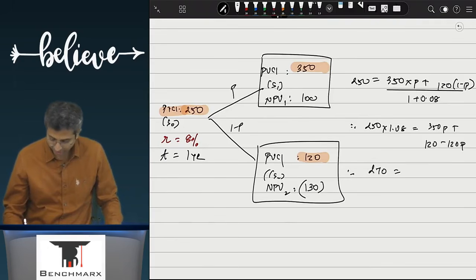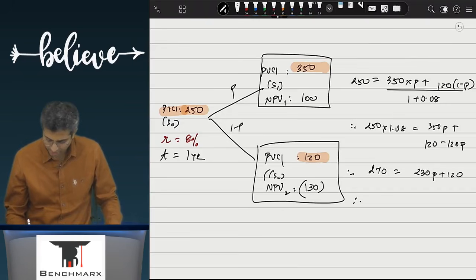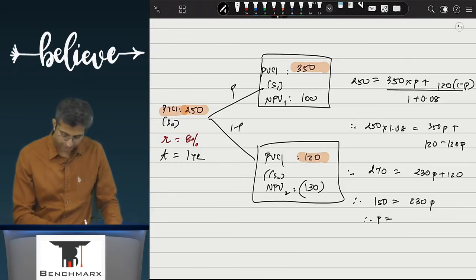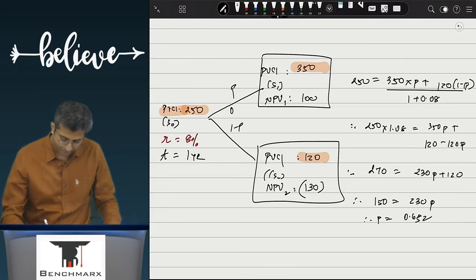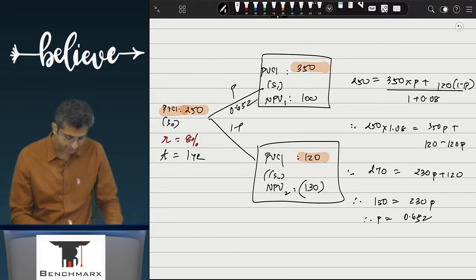That is 350 minus 120, how much does it come to? 230p plus 120. You can take 120 on the other side. So this is what? 150 equals 230p. Therefore, p equals what? 150 by 230 comes to 0.652. Achha, if p is 0.652, 1 minus p is how much?